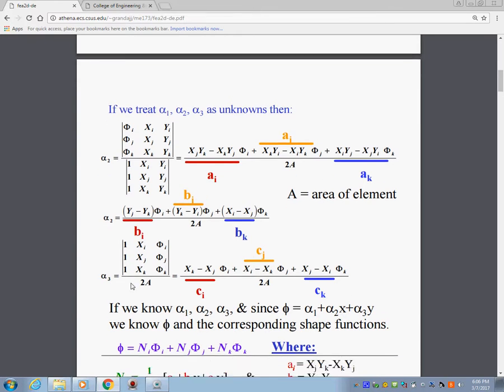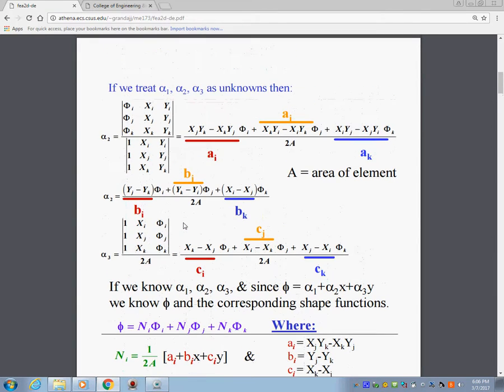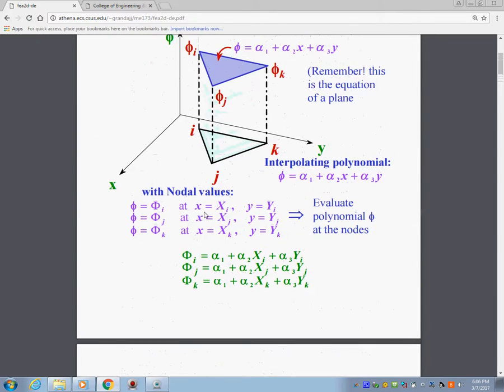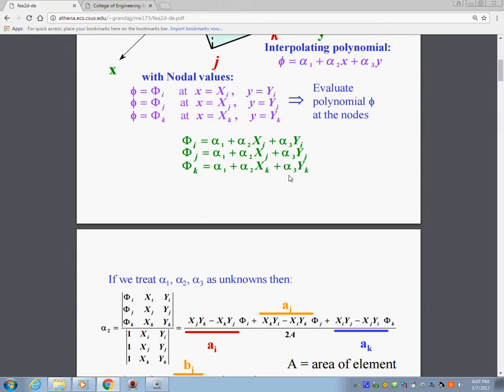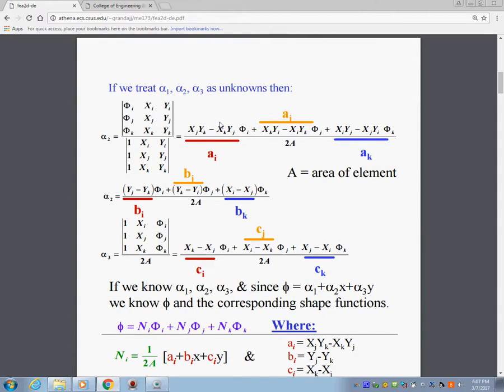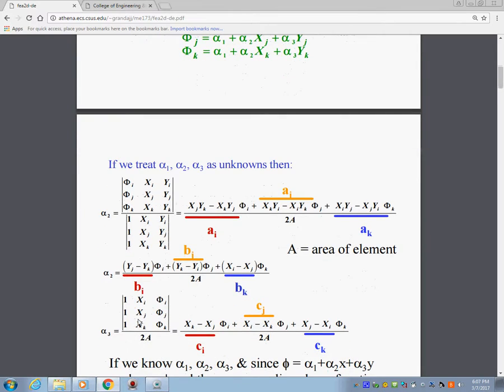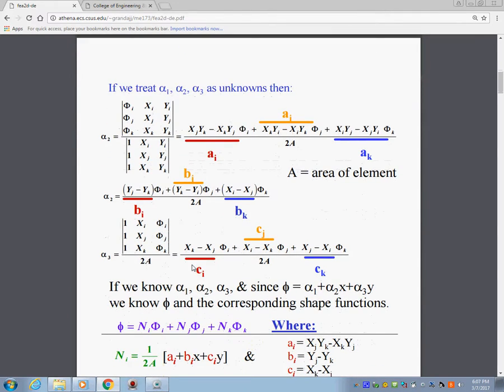And finally, for alpha 3, we would replace, on this column, put the constants. That's how you see it over here. Then you have a 1 and an x of i and an x of j. And you do this. So for alpha 1, alpha 2, and alpha 3 is what we have in here.